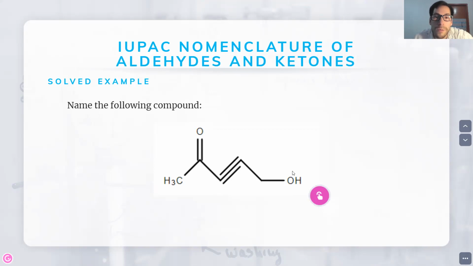We need to identify the group with the highest priority. Remember the alone owl, aldehydes have a higher priority than ketones, and ketones a higher priority than alcohols. So in this case, the ketone will have a higher priority than the alcohol group. So the molecule has to end in -one, not in -ol.